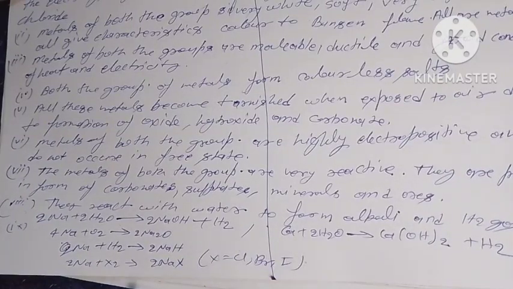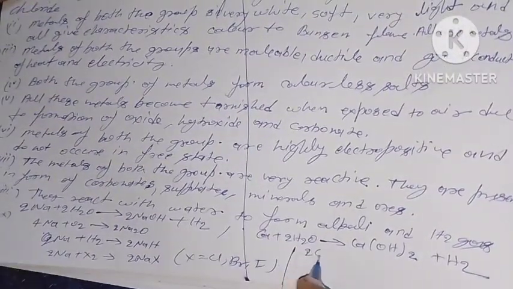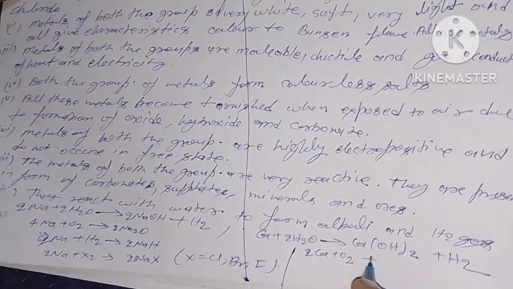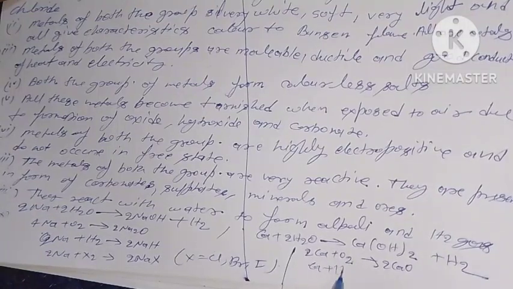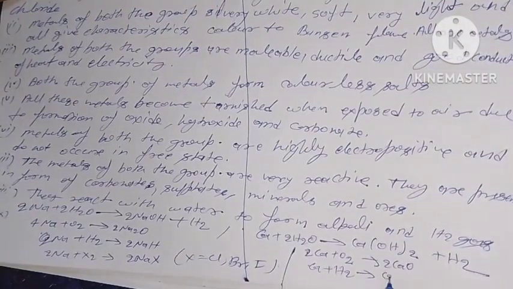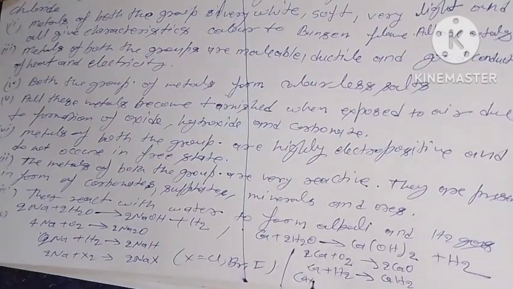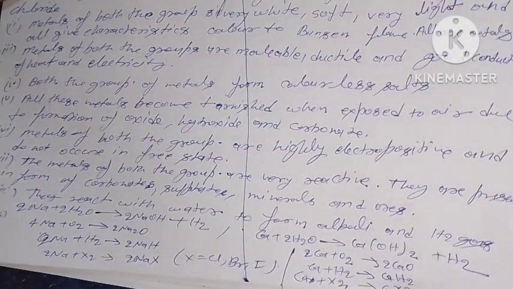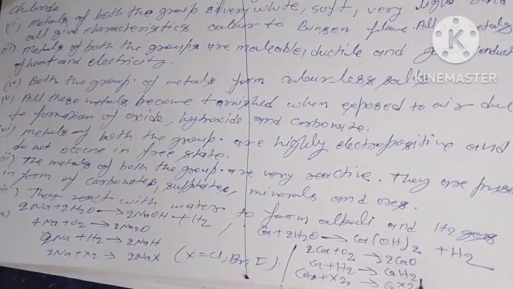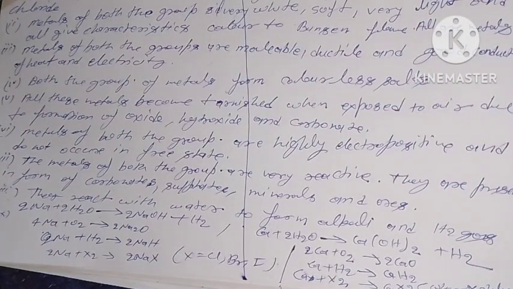And 2Ca plus O2 gives 2CaO, Ca plus H2 gives CaH2, and Ca plus X2 gives CaX2, where X is a halogen.